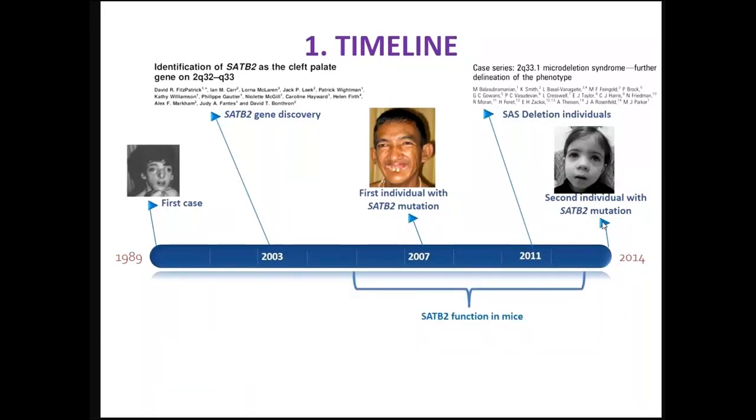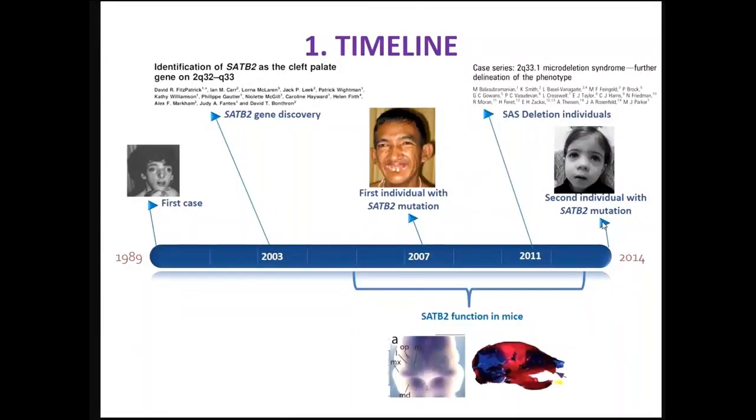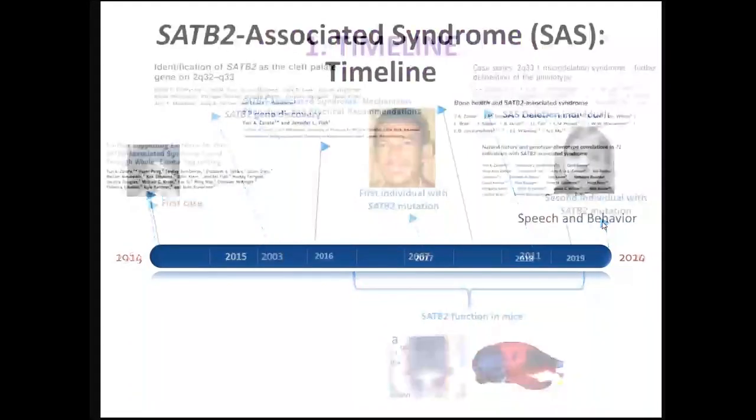In between those years, there was a lot of understanding and learning that happened in different studies looking at how the gene works in mice, and we learned a lot about what the gene does for development of the face, teeth, and palate through a variety of studies.